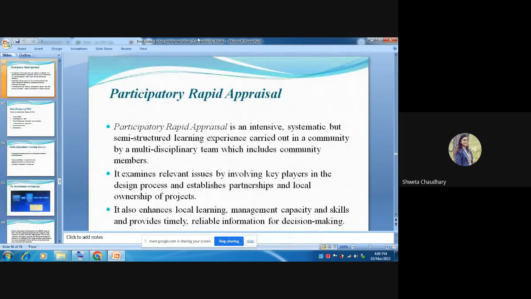Then participatory means you will be involved with them in that locality for training them or providing them skills, capacity building, and then gathering the information. Suppose you have gathered the information in that locality, the people are not getting a better market access facility. So you start creating retail outlets or cool chain facilities over there.